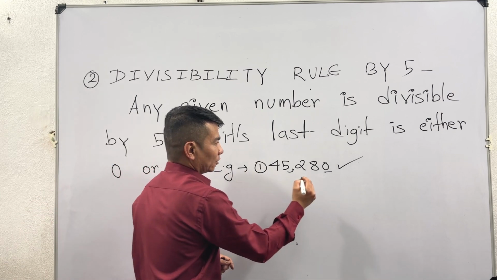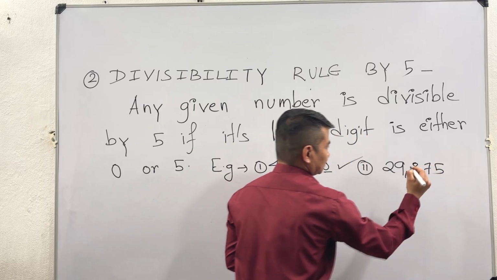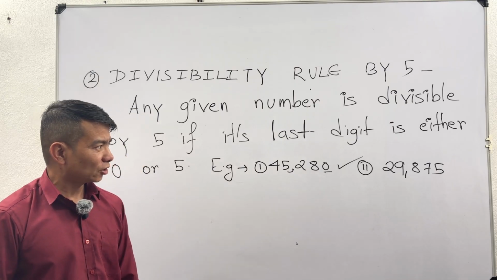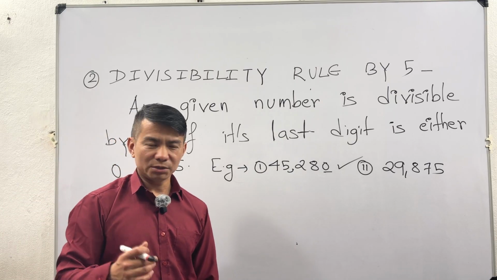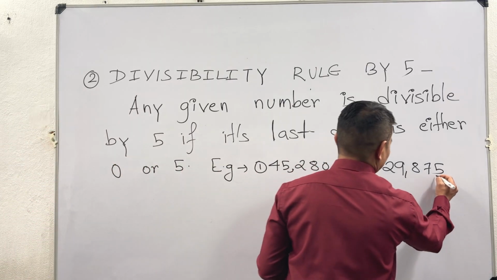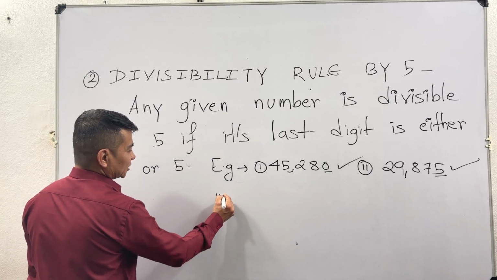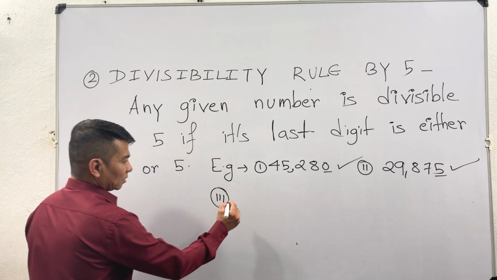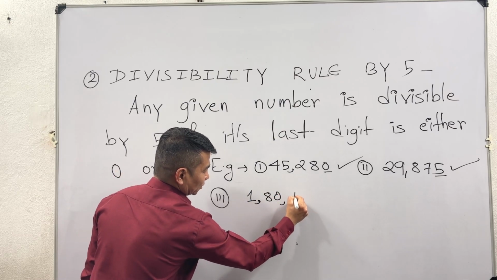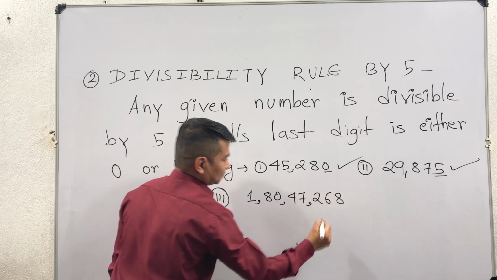Now number 2, 29,875. Is it divisible by 5? Yes, because the last digit is 5. Now we look at the last example. Say I take the example 1 crore 80 lakhs 47,268.